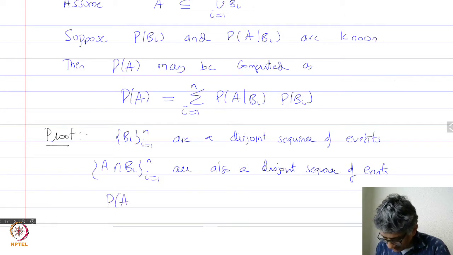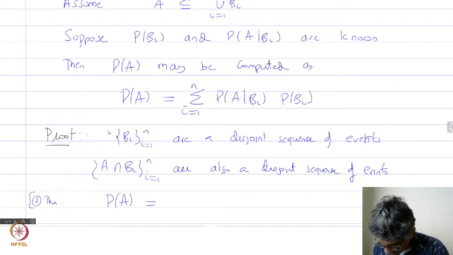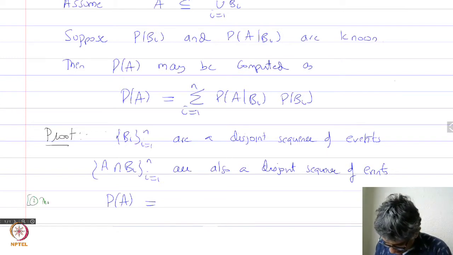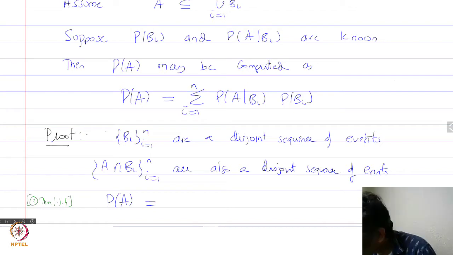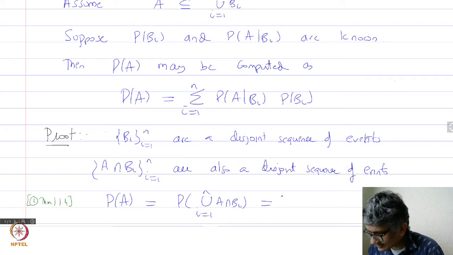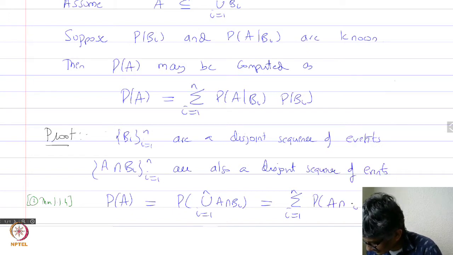It will imply, from the axiom of probability, or more or less equation 2 in Theorem 1.1.4, where we proved that probability is finitely additive, that the probability of A is the probability of the union i equal to 1 to n of A and B sub i, and that's the same as the sum from i equal to 1 to n of the probability of A and B sub i, because they are a disjoint sequence of events.